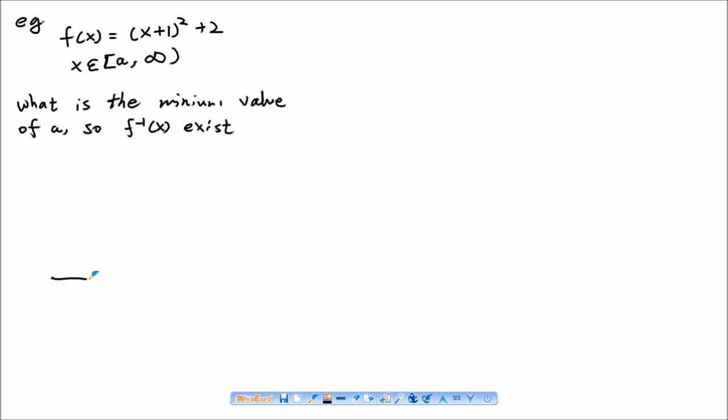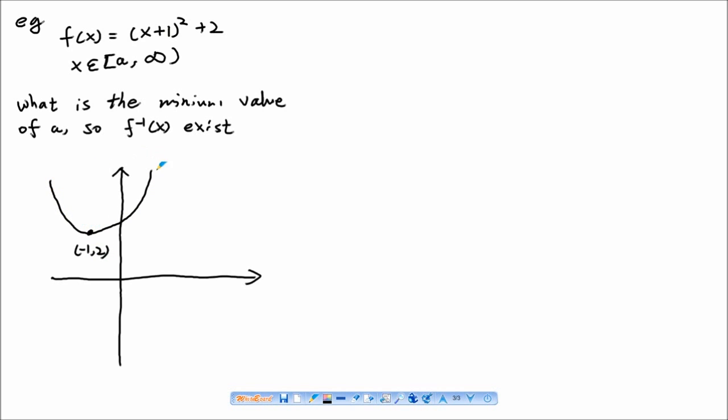So let's draw our graph. This is a parabola, so I will have a turning point at -1 and 2. This is my graph, x and y, f(x).